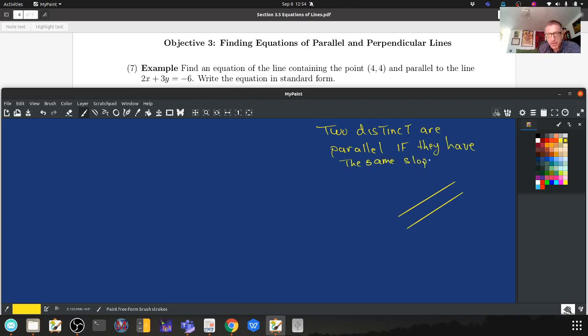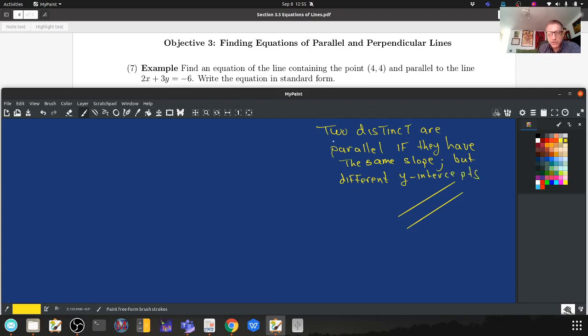And what makes them distinct? If these were two lines, they would have different y-intercepts. Where they actually cross the y-axis has to be different.